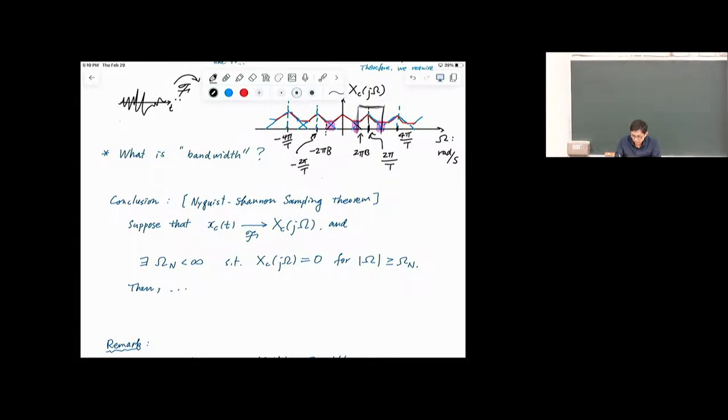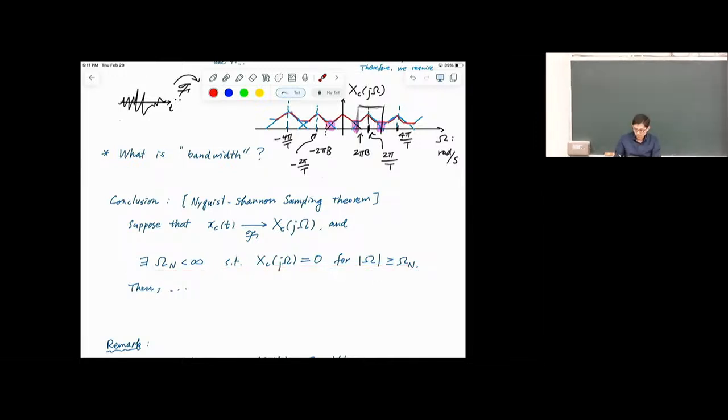Suppose that we have a continuous time signal, and its Fourier transform is a spectrum. This is the mathematical way of saying that the signal is band limited. How do we say that?